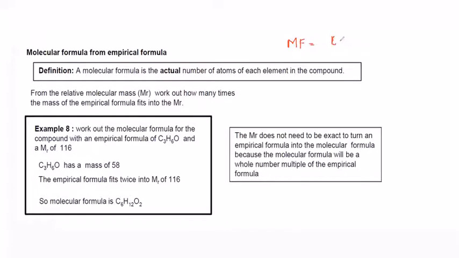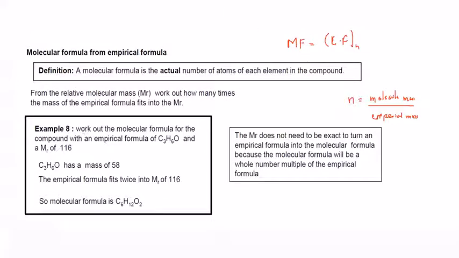So empirical formula times n is equal to the molecular formula, where n is equal to molecular mass divided by empirical mass. So molecular mass divided by empirical mass gives you the value of n, and using this n, you can find the molecular formula.